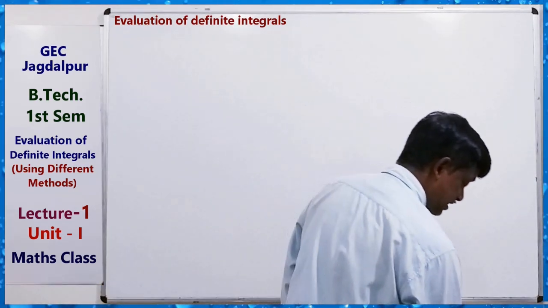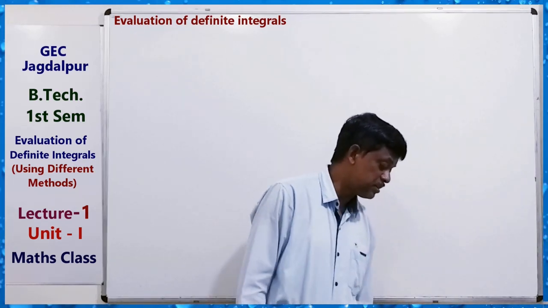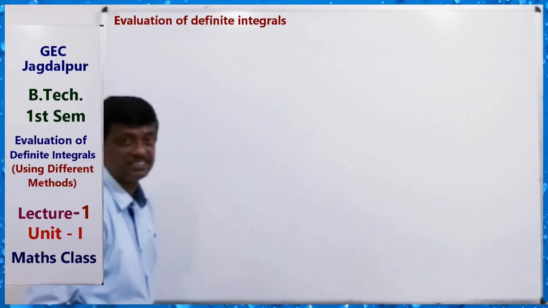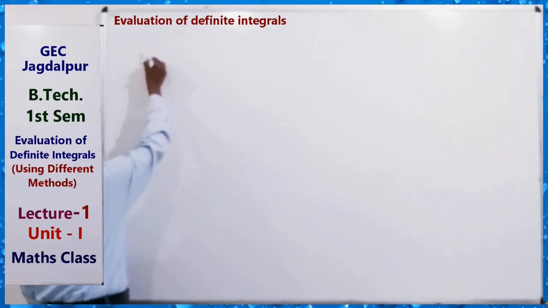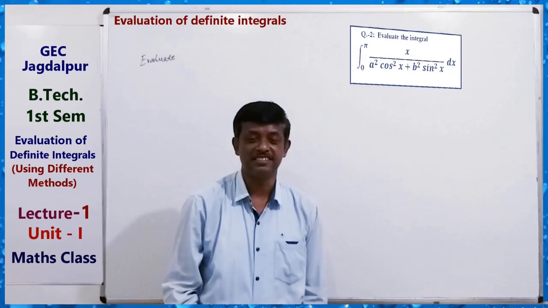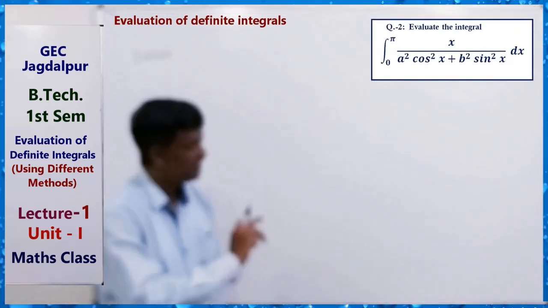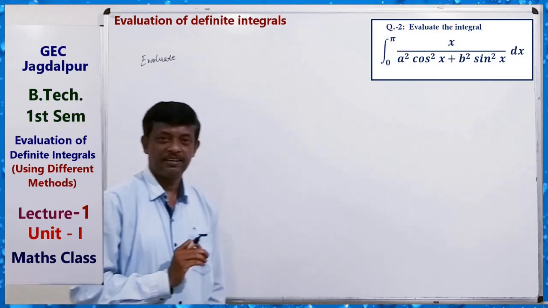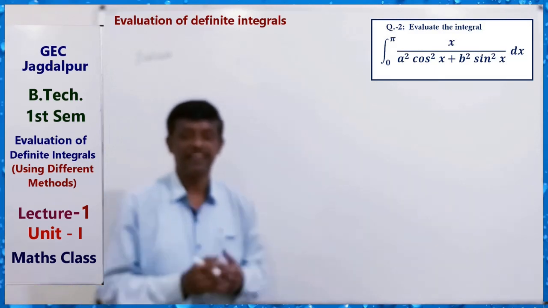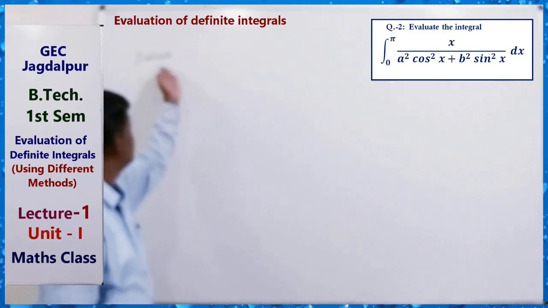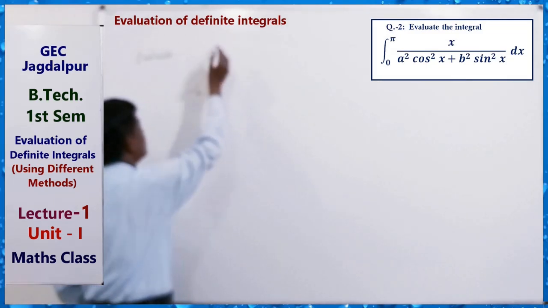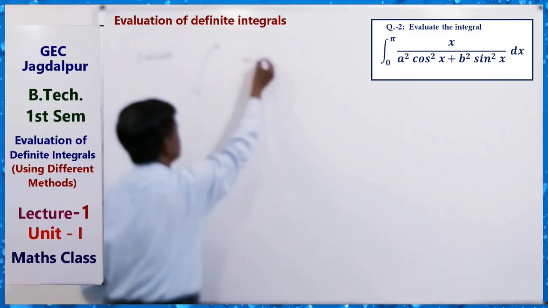So here take the question: the integral from 0 to pi of x dx upon a square cos square x plus b square sin square x. This is a very important question. Evaluate it, because this is from higher classes than 11th and 12th, so the quality of questions will be at a somewhat higher level than school.